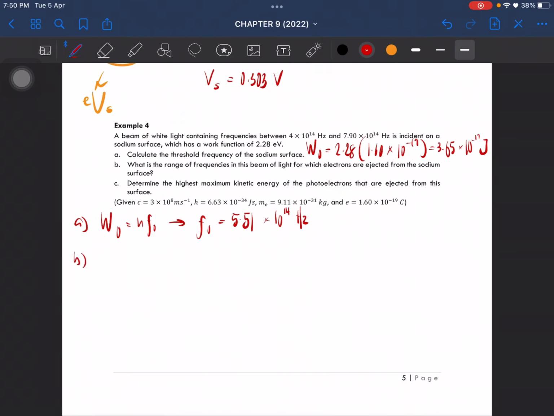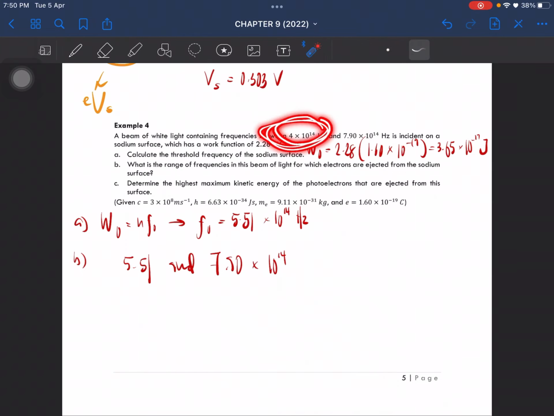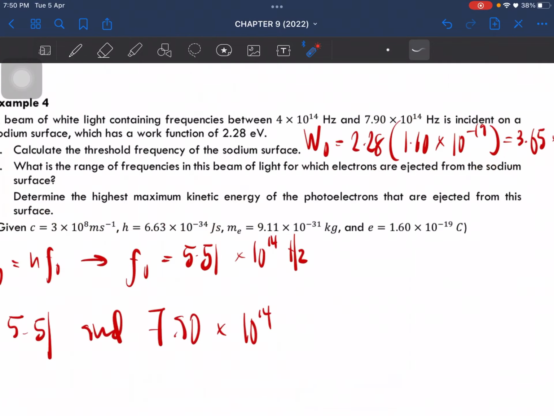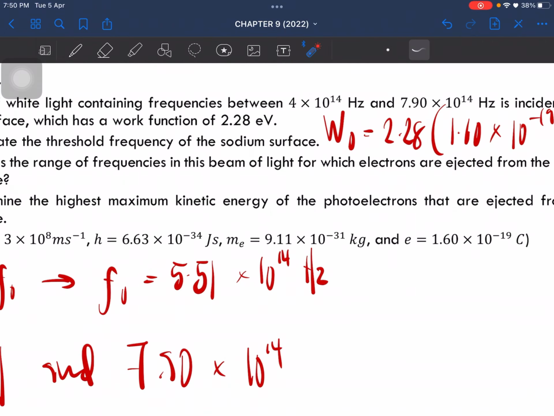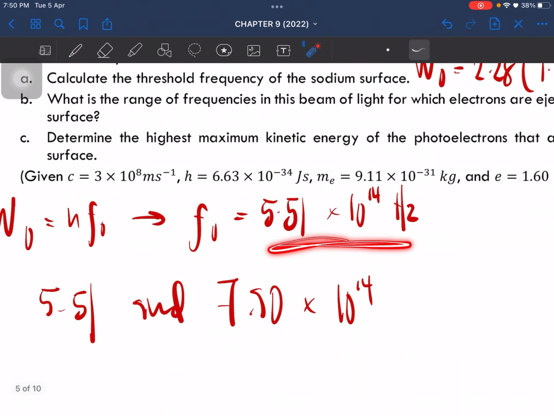The range of frequencies that would allow the ejection of electrons is between 5.51 and 7.9 times 10 to the power 14. So the beam of white light with frequencies below this would not eject electrons from the surface, because it does not meet the threshold frequency.